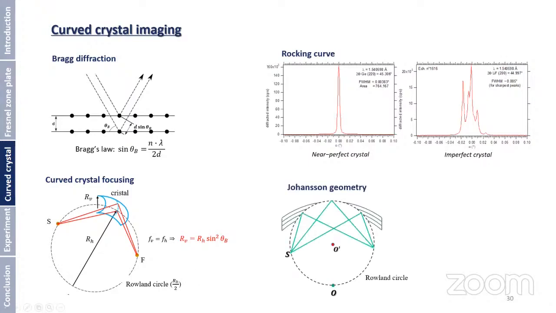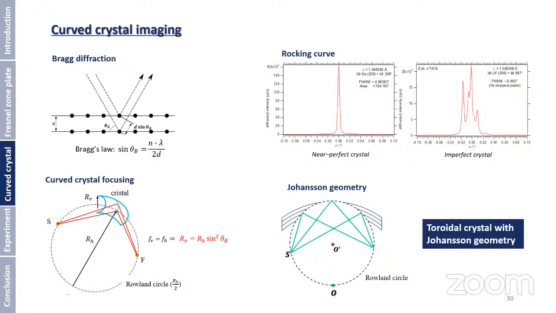Limited by the Bragg condition, only the rays arriving around the center of the crystal can be diffracted, which leads to a small numerical aperture. This effective diffracting area can be extended by grating the crystal surface along its Rowland circle. And this structure is called the Johansson geometry.